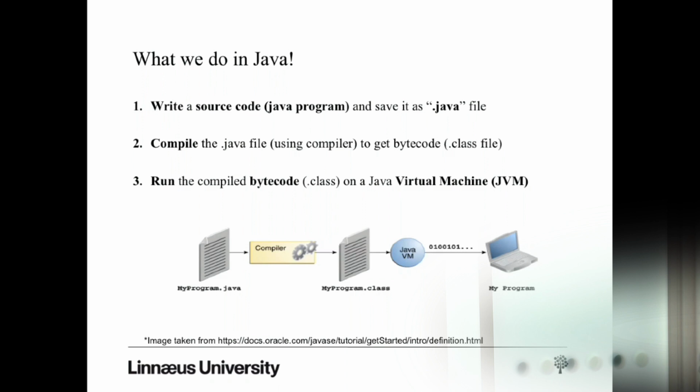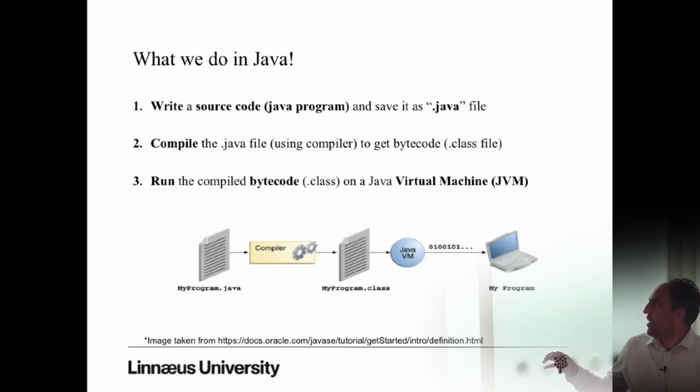The code that we write in high-level languages like Java, we call source code, and you need to save the file with the extension .java. That makes it your Java source file.